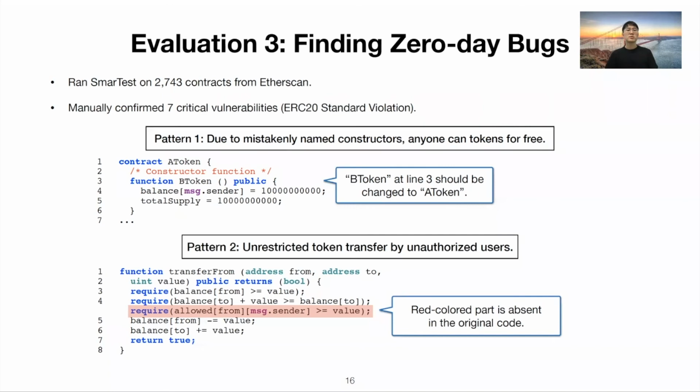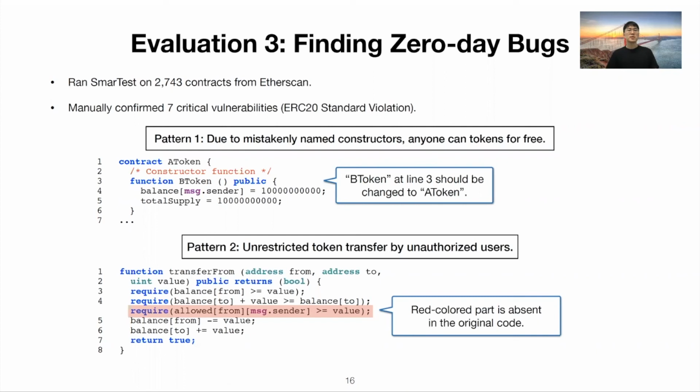Finally, using SmarTest, we found 7 critical zero-day vulnerabilities from the wild contracts which violate the ERC20 standard. We categorized them into 2 patterns. The first pattern is a case where any user can have tokens for free due to mistakenly named constructors. In older versions of Solidity, a function whose name equals the name of a contract is a constructor function.